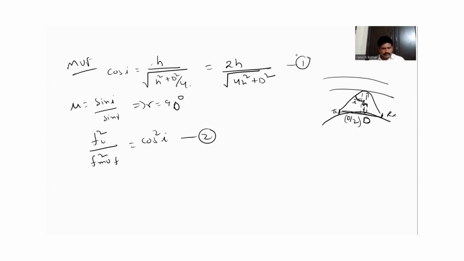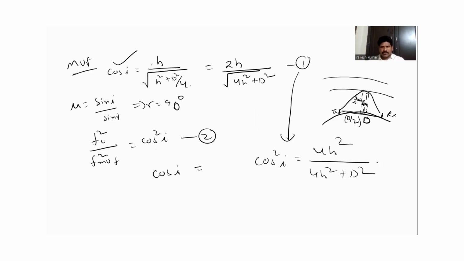From the expression for cos I, cos square I is equal to 4h square by 4h square plus d square. Let us consider this as expression 1 and this as expression 2.